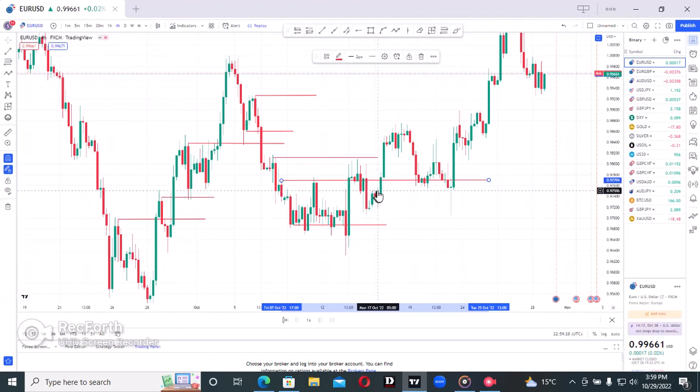Here we go. This market was moving just like this, and then we have a breakout just like this. This is strong. You can see that this momentum was in the up direction.